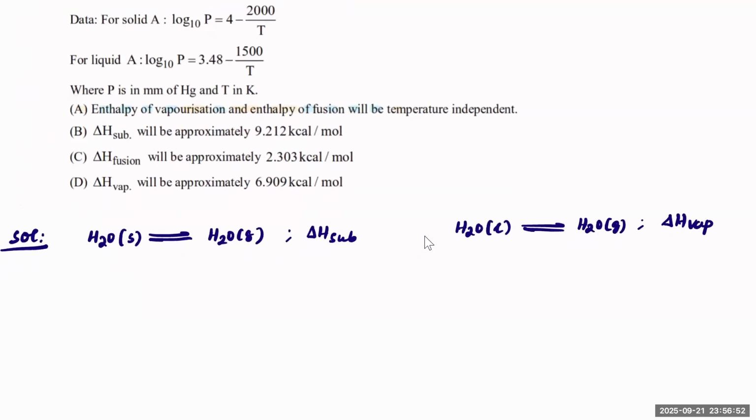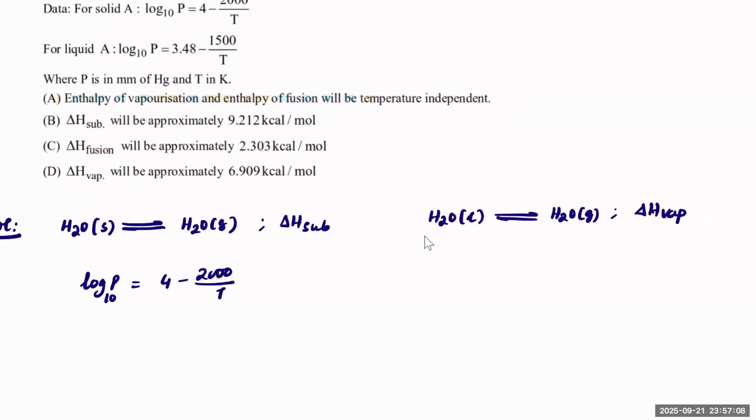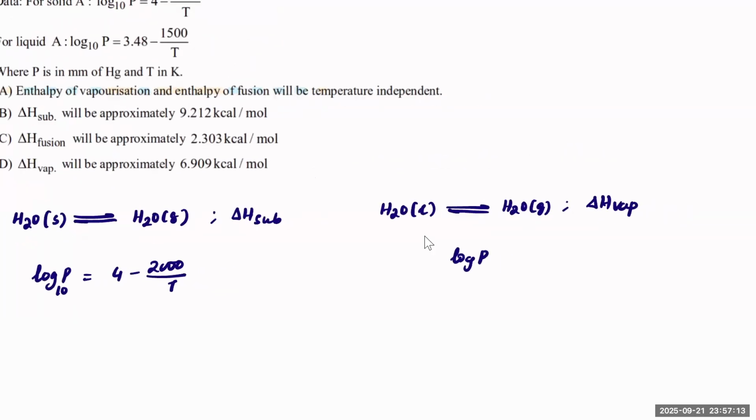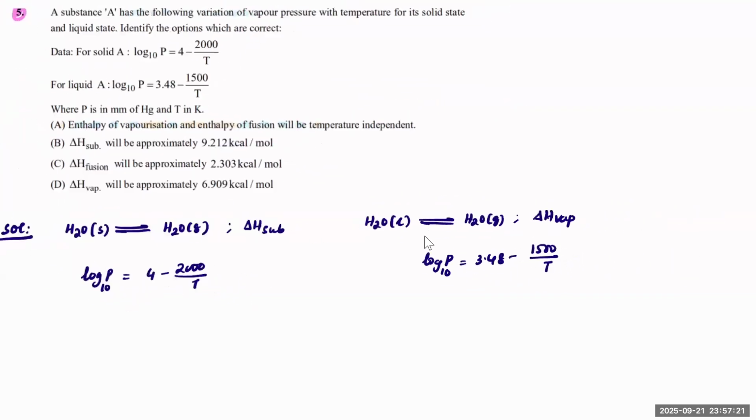Got it? For solid, the variation of the vapor pressure is given by this formula, 4 minus 2000 by T. While the variation of vapor pressure for liquid is given as 3.48 minus 1500 by T. These are the two things which have been given.